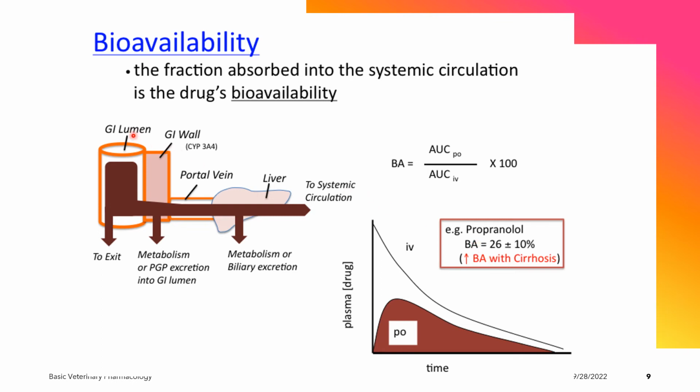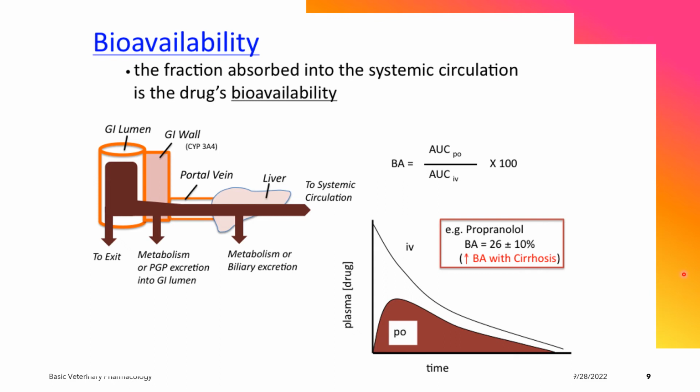So when this drug is administered orally, it will undergo a significant first-pass effect in the GIT lumen or in the GIT wall, the intestine, before it will reach the portal circulation in the liver. So again, it will still undergo metabolism in the liver before it will reach the systemic circulation. The formula for getting the bioavailability is the area under curve per os over the area under curve IV times 100 to get the bioavailability in percent.